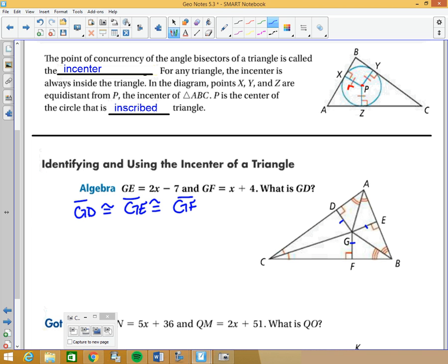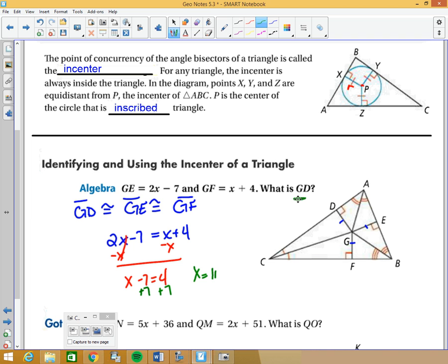So knowing that piece of information, I can say that 2x minus 7 is equal to x plus 4. If I solve algebraically, subtract x from both sides, I will get x minus 7 equals 4. And of course, my next step would be to add 7 to 4, and x would equal 11.